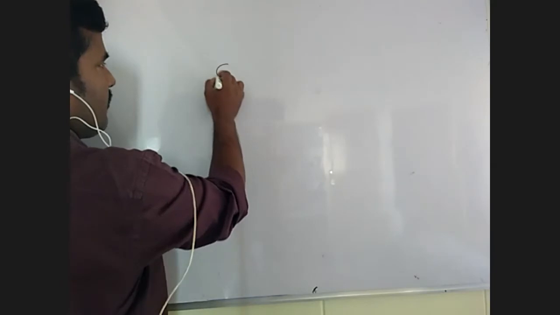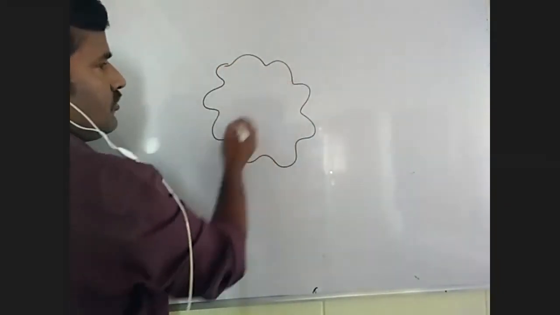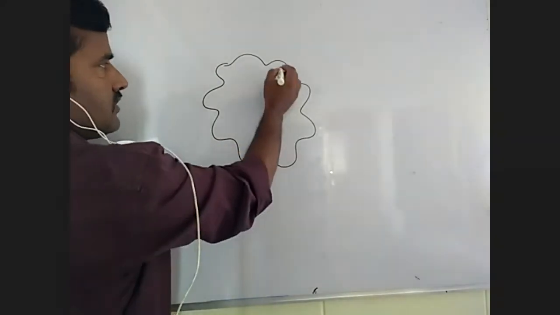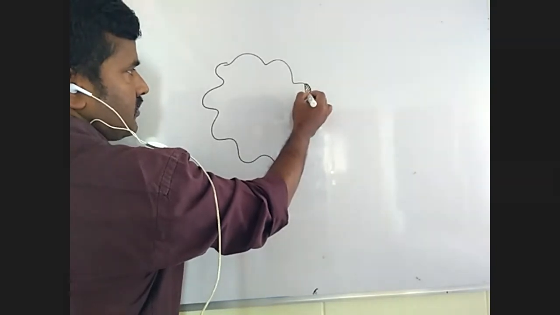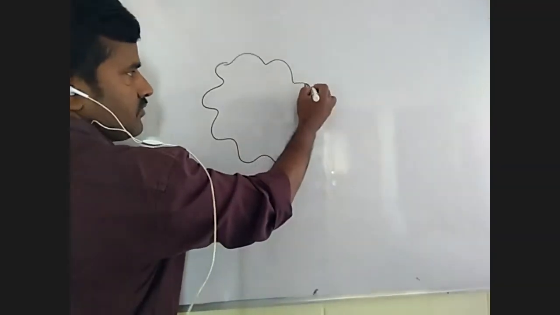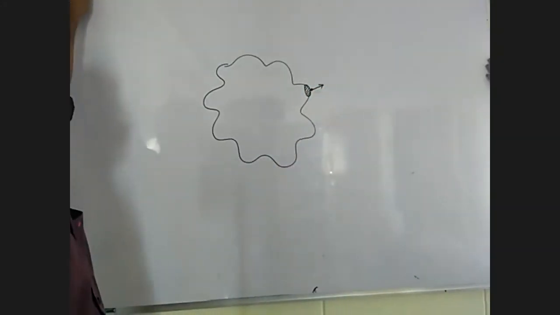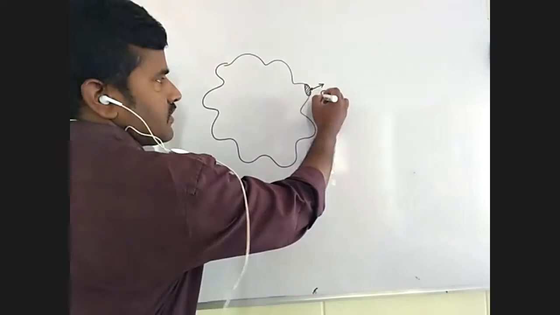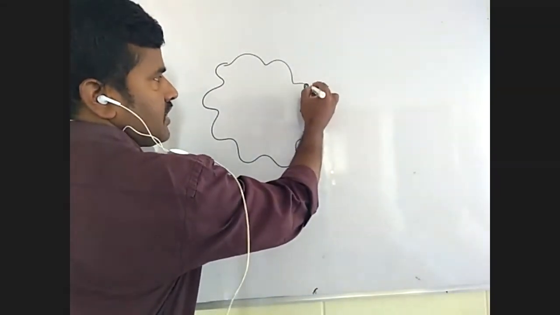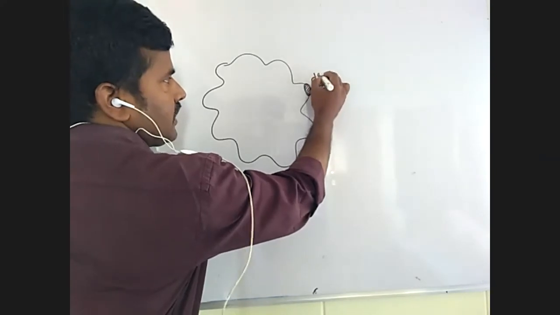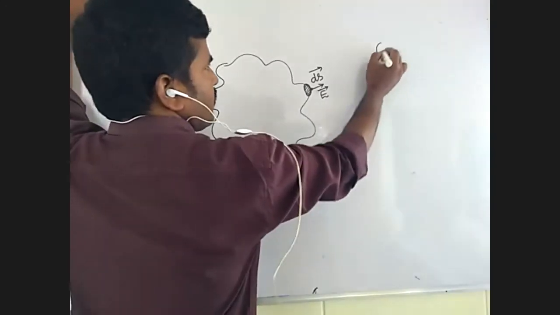Suppose this is a non-uniform surface, and at this place we want the intensity. Here the intensity is E bar. Here the small surface area is ds, and the total surface area is the integration of ds.